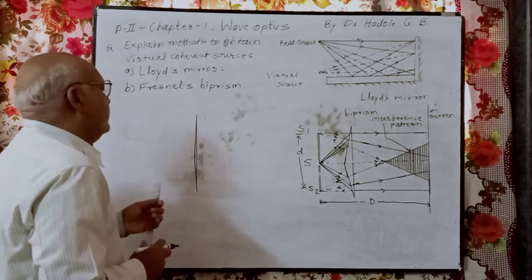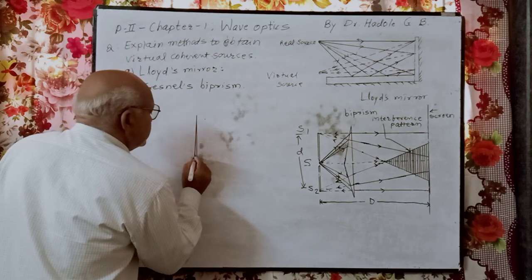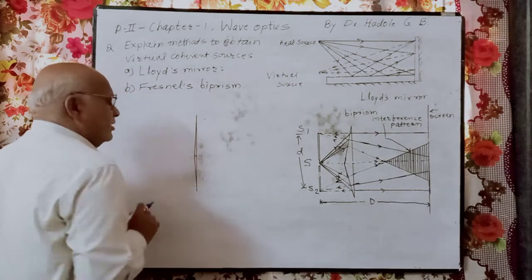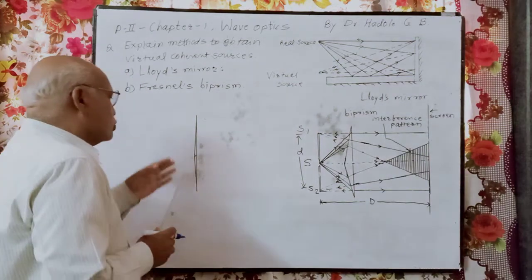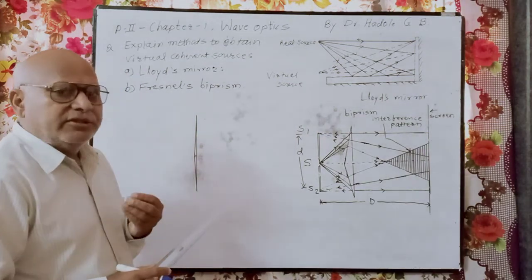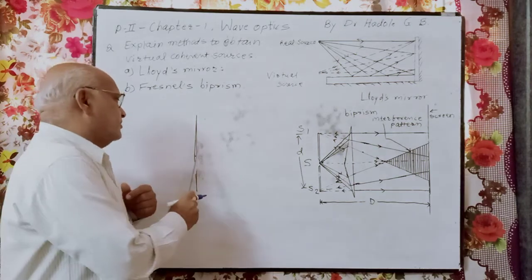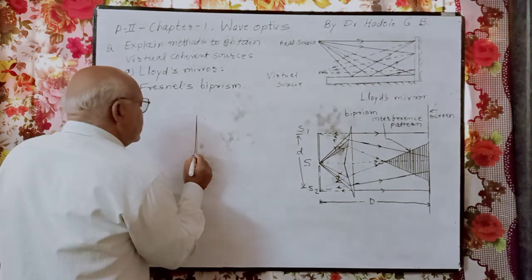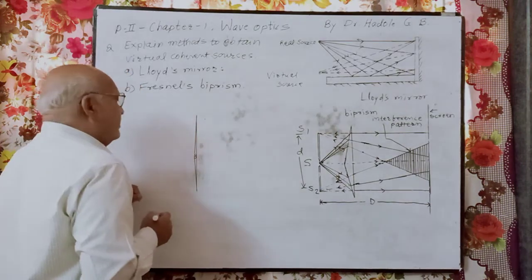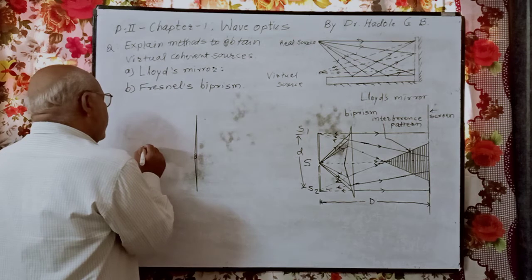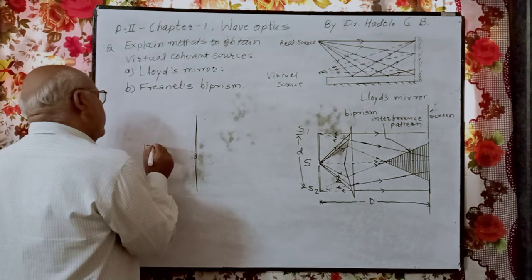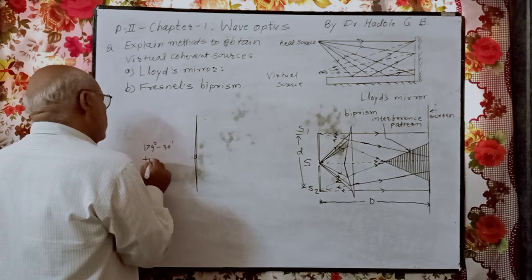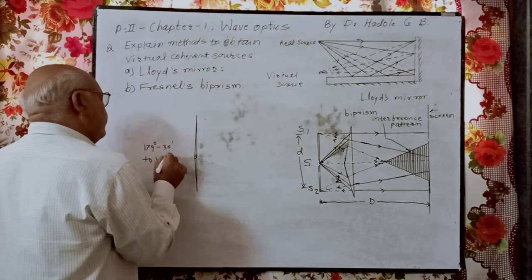Mind well here, these are the two prisms. This is one prism, this is another prism. Their bases are joined so that they form a single prism, whose refracting angle is between 179 degrees 30 minutes and 180 degrees.